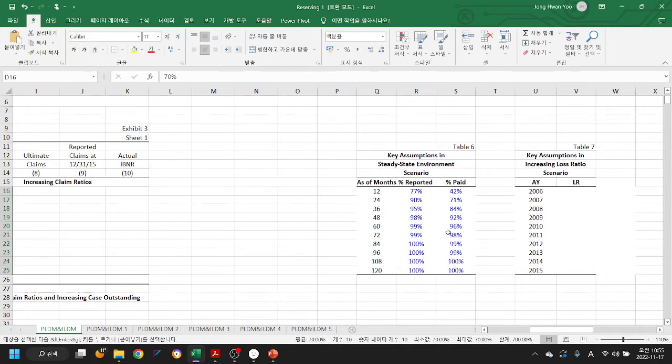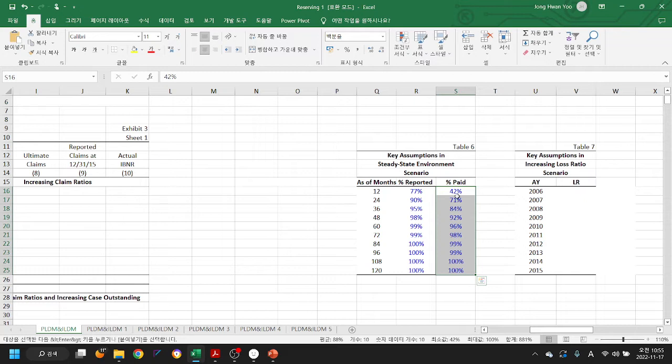Another key assumption is the payment ratio or reported ratio. As you're aware, this is the payment portion towards the ultimate paid loss, totaling 100%, so it looks like a density function.